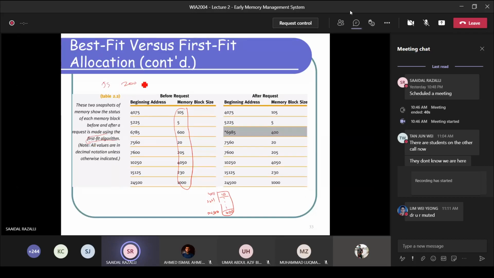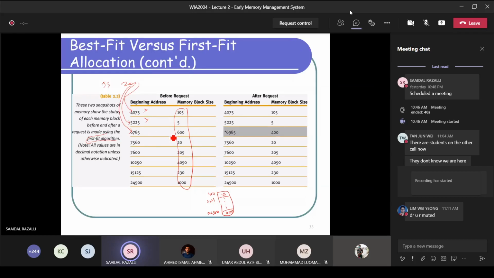If the job size is 200, which one will it go to first? First, it will search this one, doesn't fit. Second, it will go to this one, doesn't fit. Third, it will go to this one, 600, this one fits.